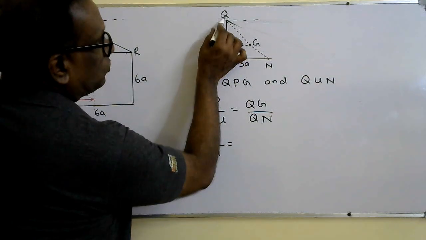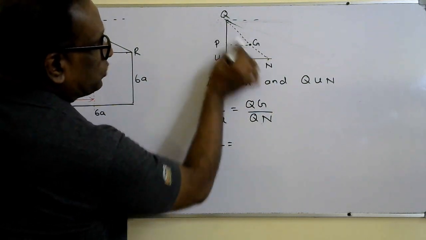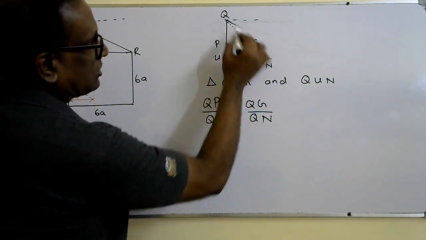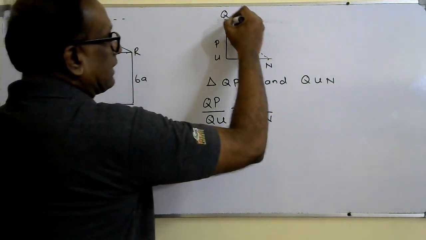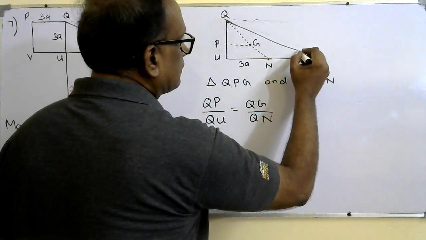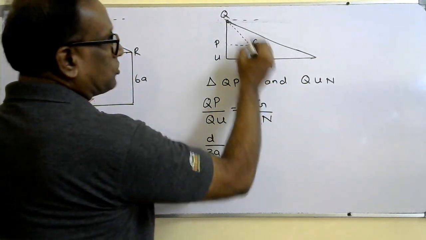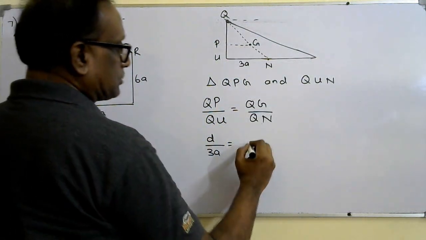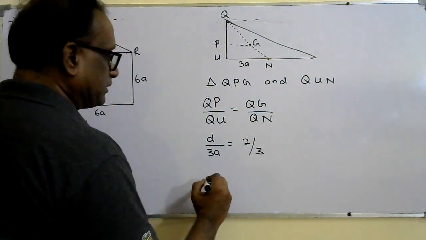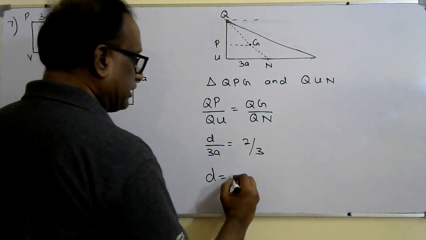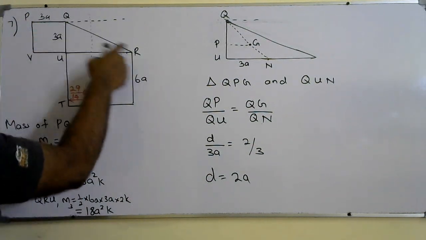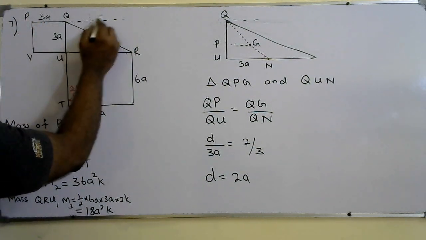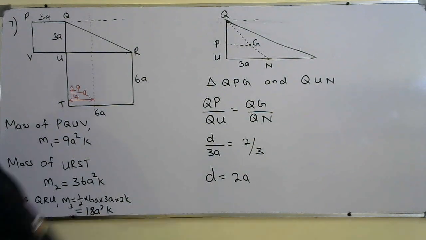QG over QN is 2/3, because G is the center of mass of the triangle QUR. So how much is D? D is going to be 2A. So remember that the center of mass of this triangle from the line PQ will be at distance 2A.